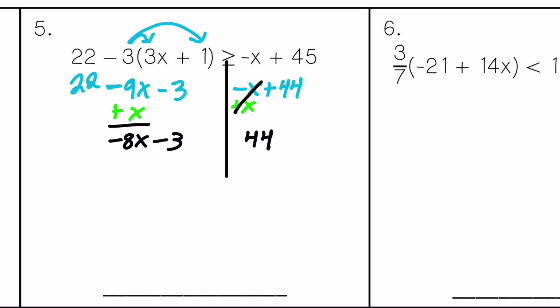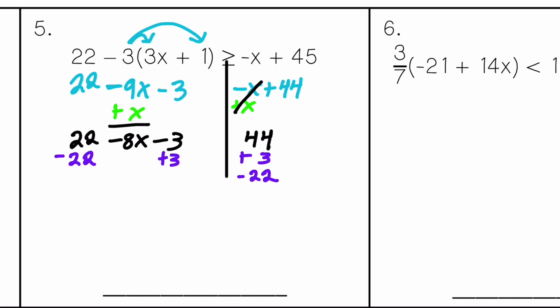My minus 3 falls down, and my 22 falls down. Okay, next I need to move my numbers. So to get rid of a negative 3, I'm going to add 3 to both sides. To get rid of a positive 22, I'm going to subtract 22 on both sides.